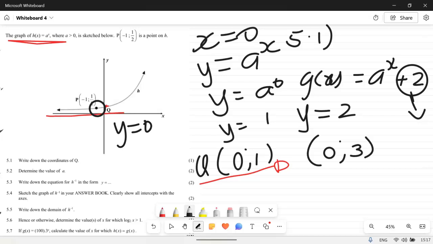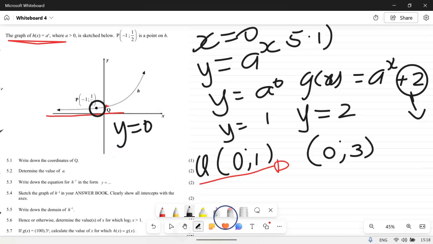The base a raised to the power of 0 will give us 1 in every sense, but if you have the value of q, then your y-intercept will be different. So don't always assume that because it's an exponential function, the y-intercept will be 0 and 1. It's 0 and 1 because your asymptote is at y equals 0. I hope you get that.